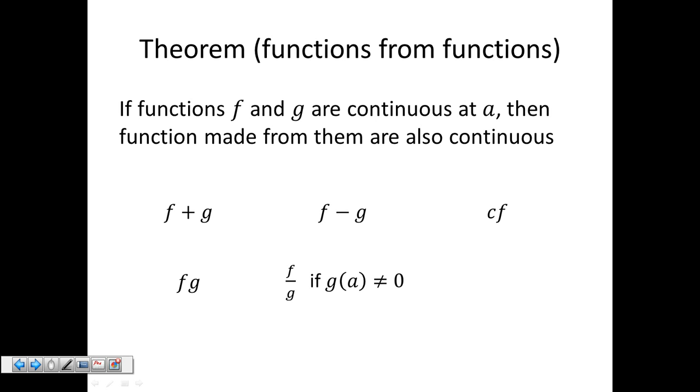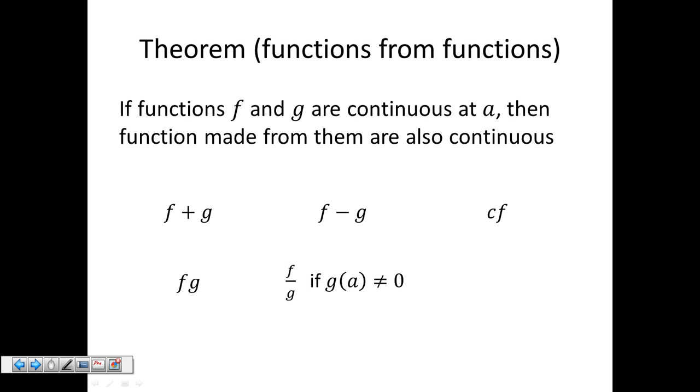If we add the two functions, that new function is continuous. If we subtract the two functions, that new one is continuous at the x values that we're interested in. And c times f means if we multiply by some constant, maybe if we multiply the whole function by 10, that new function is still continuous at a.